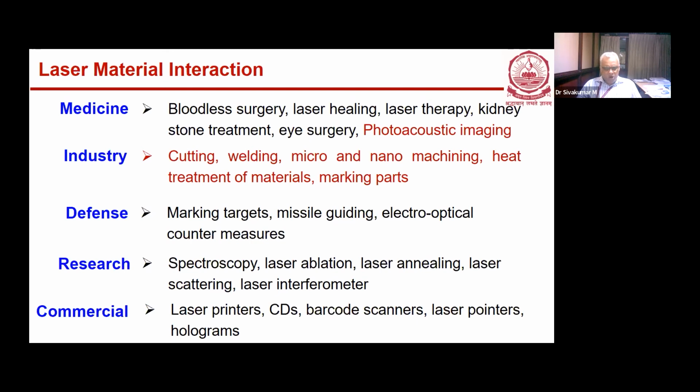In research, there are several ways we can use lasers. And commercial applications in our day-to-day life include laser printers, CDs, barcode scanners, CD writing, CD reading, and also holograms. I have not listed everything, but some of the applications are listed here.